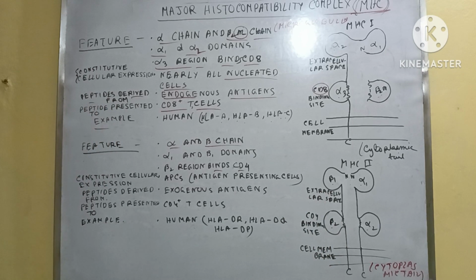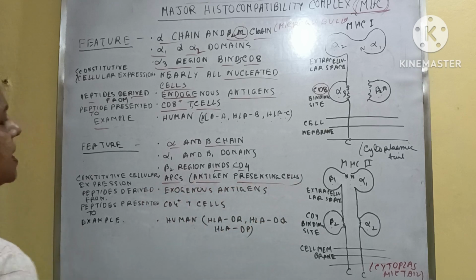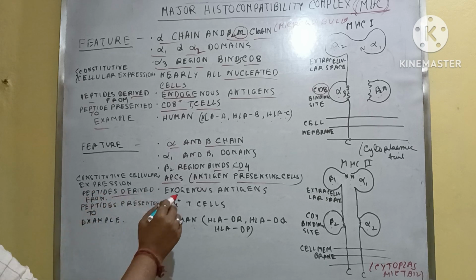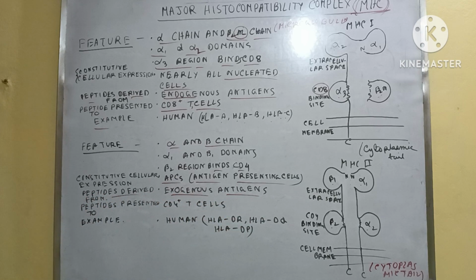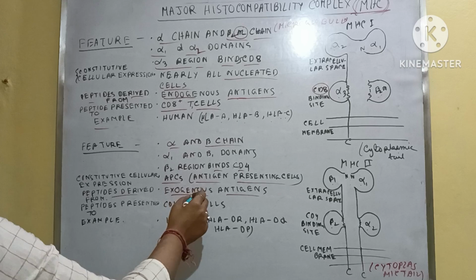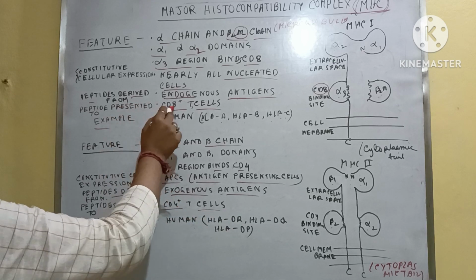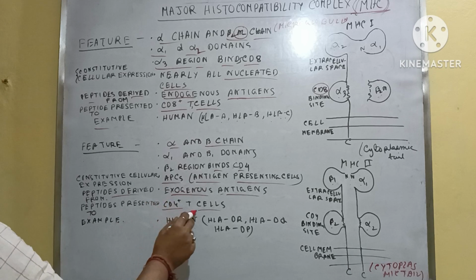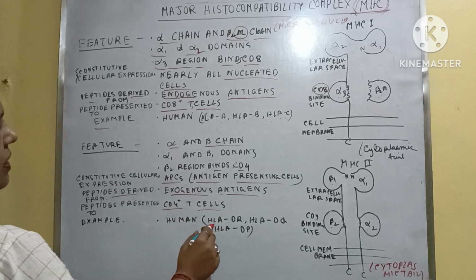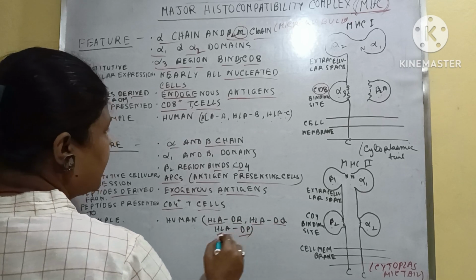And what kind of cells express it? Generally APCs, the antigen presenting cells. And peptides are derived from where? Exogenous antigens, not endogenous. Here endogenous antigens are received, and here exogenous antigens are received. Peptides are presented to CD4 plus T cells, while here they are presented to CD8 plus T cells. Examples in human are HLA-DR, HLA-DQ and HLA-DP.